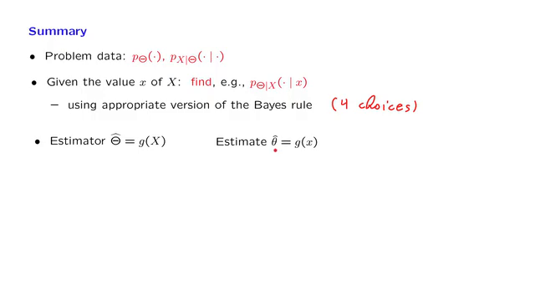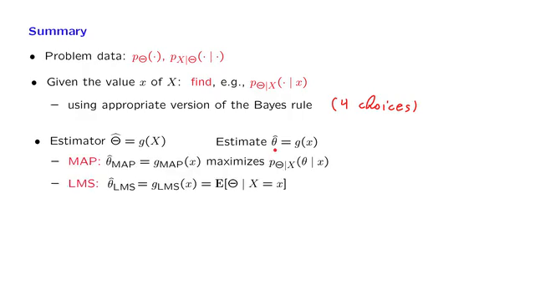We have seen two particular ways of constructing estimates or estimators. One of them is the maximum a posteriori probability rule, in which we choose an estimate that maximizes the posterior distribution. So in the case where theta is discrete, this finds the value of theta which is the most likely one given our observation.